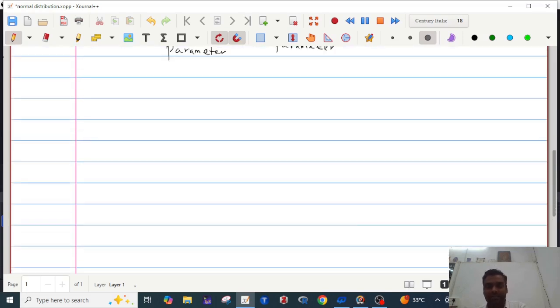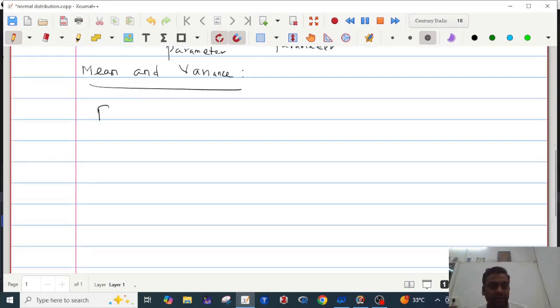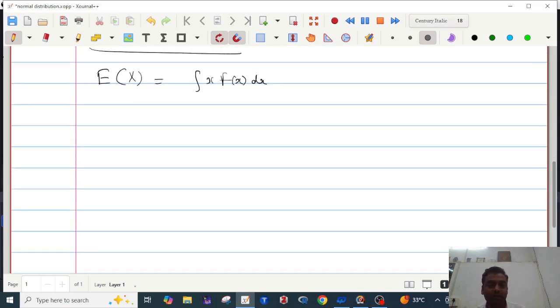Now let's see the mean and variance of the normal distribution. Mean is denoted by expectation of X. It is defined as the integration of x into f(x), with x from minus infinity to infinity.